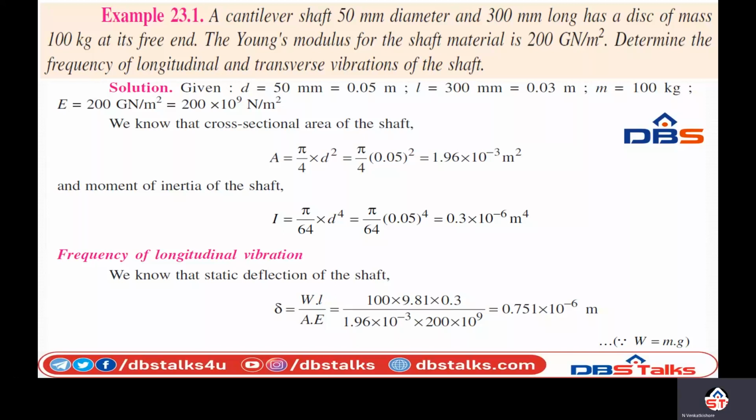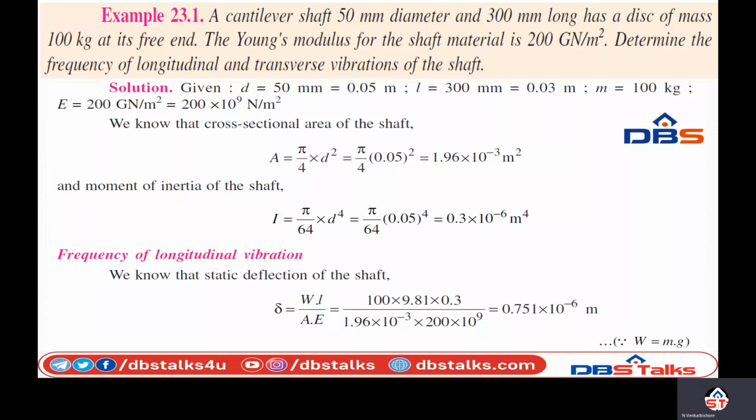Already we explained the unit conversion: it should not be in mm, it should always be in meters. After converting, pi by 4 into 0.05 whole square, we get 1.96 into 10 to the power of minus 3 meters square. This value is enough to substitute.